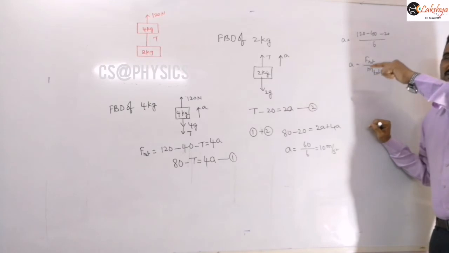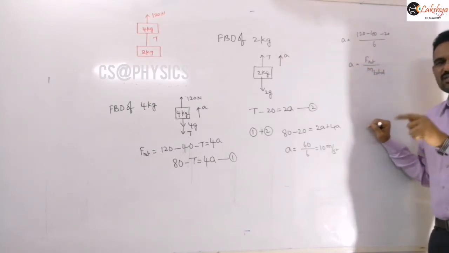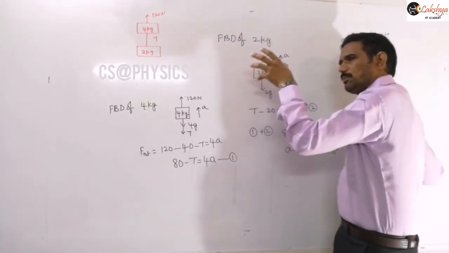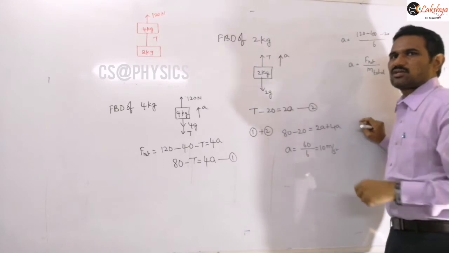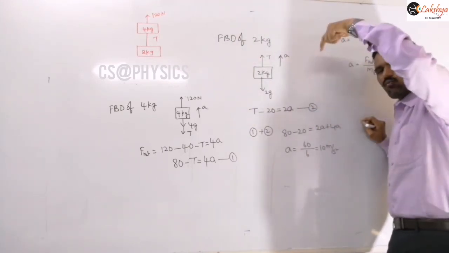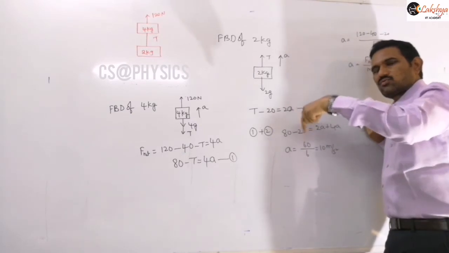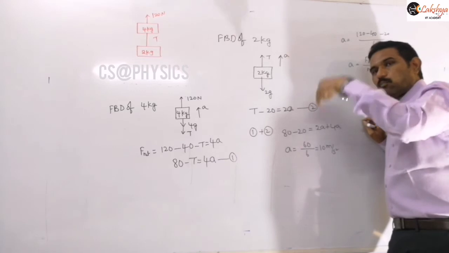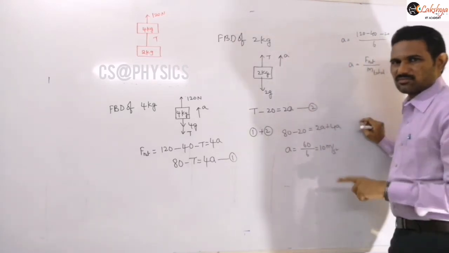But when the system is moving vertically like this, definitely weight also plays an important role in its motion, because the applied force is acting vertically upwards and weight is acting downwards. So what is the role of weight here? Weight is opposing the motion of this object, right?